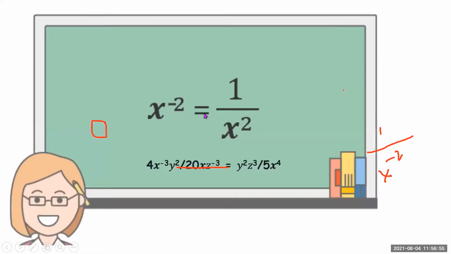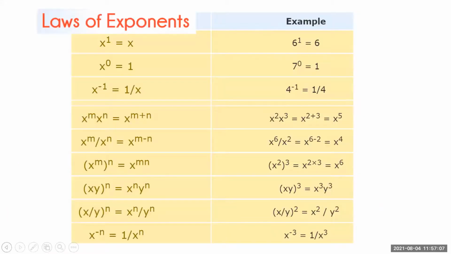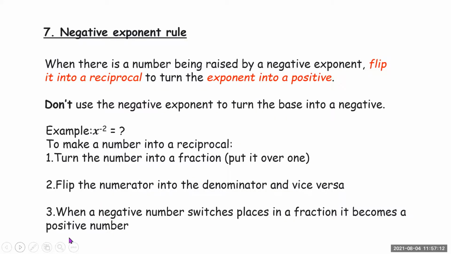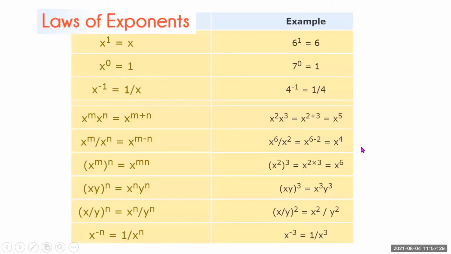So a correction to the previous slide: just turn the number into a fraction, put it over 1, so x power minus 2 will become 1 divided by x power 2. This is a simple way to understand the negative exponent rule.